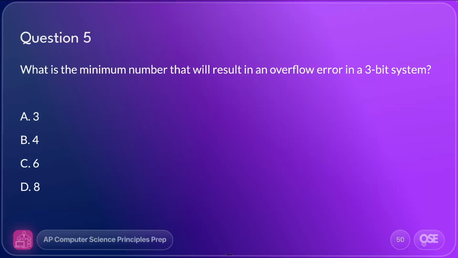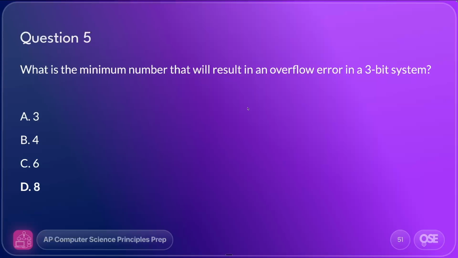Fifth question. Five, 4, 3, 2, 1. The correct answer is D. This might seem a little difficult for some people, so I'm going to explain.